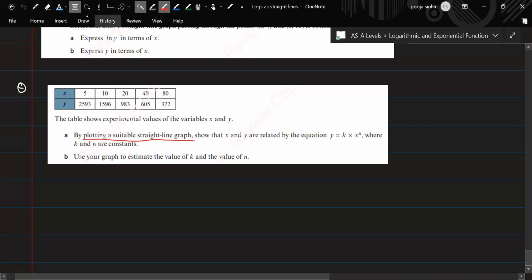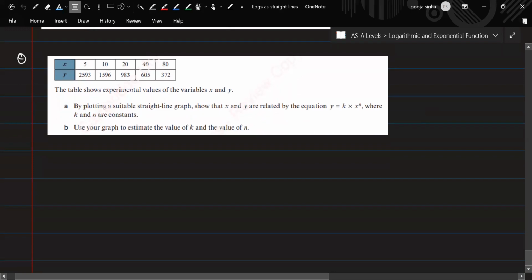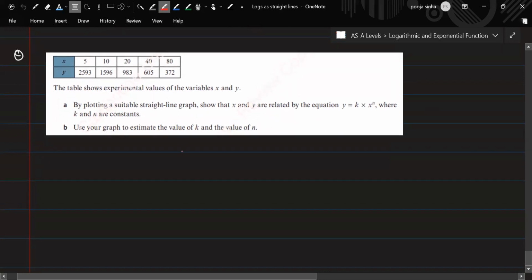So the moment you read this, what are we supposed to do? We will write the relationship first and make it into a straight line. So y equals k multiplied by x raised to power n is given to us. We take the ln on both sides. So ln y is equal to ln k into x raised to power n.